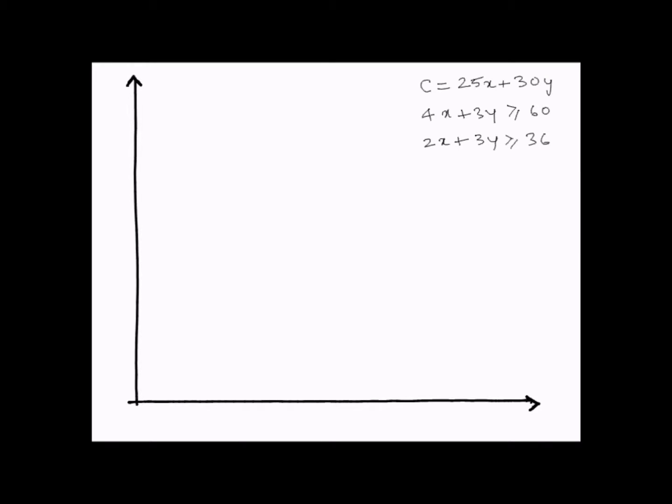So here first we'll plot the graph for the two inequalities representing the constraints. The common area represented by these two inequalities would represent the feasible solution region, and then we will try to find out the optimal solution for the objective function.